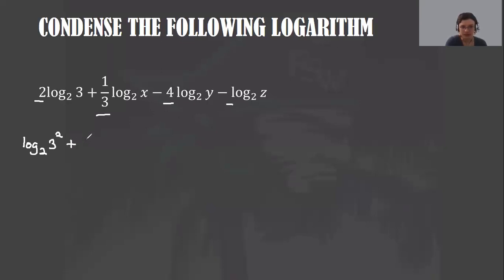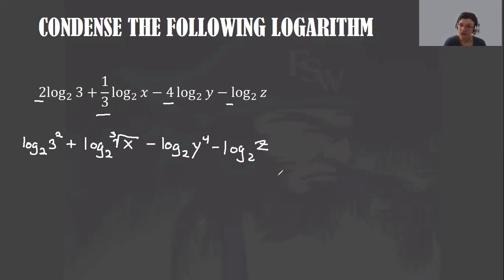Our next term, we have log base 2. And instead of saying x to the 1/3 power, remember that a fraction exponent is really just a radical. So I can write it like so. And then our next one is log base 2 of y to the 4th. And there's no coefficient in front of our last one, so we can keep that one as is.